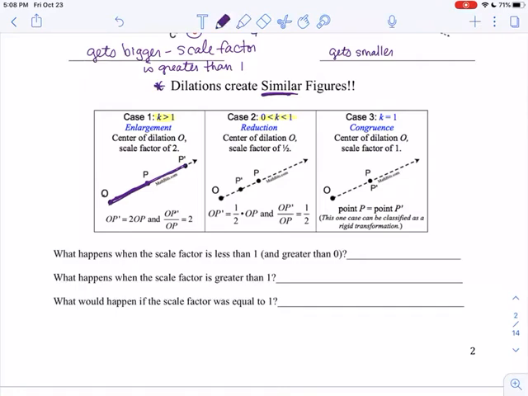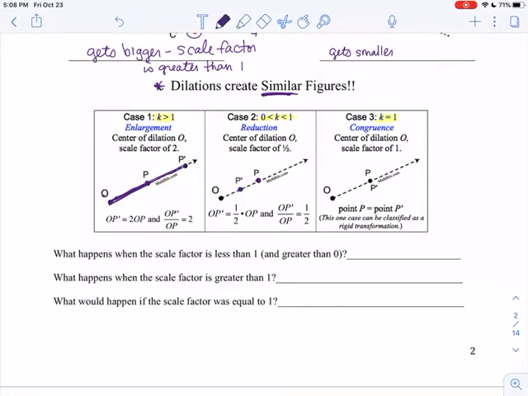If my scale factor is a number between 0 and 1, something gets smaller. Point P is right here, but you can see that P prime is moving closer to that point of dilation. And this is a scale factor of 1/2.